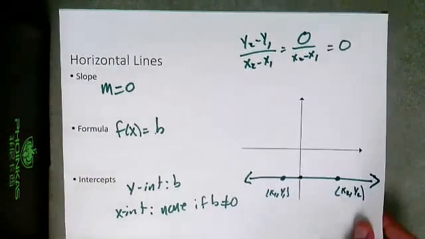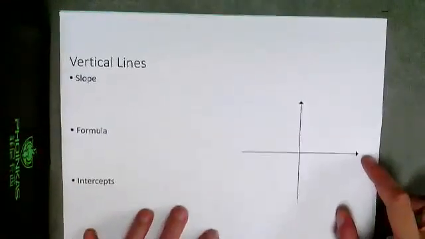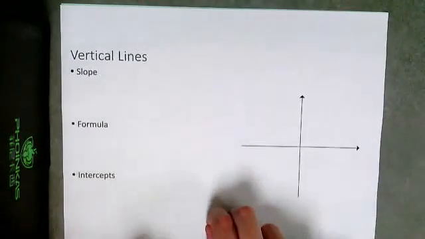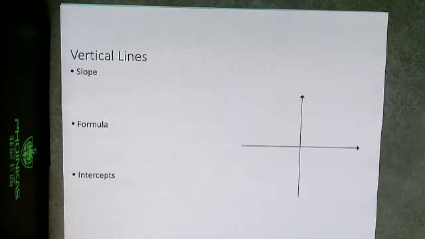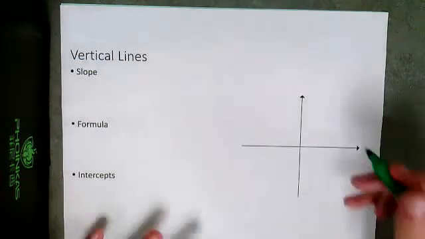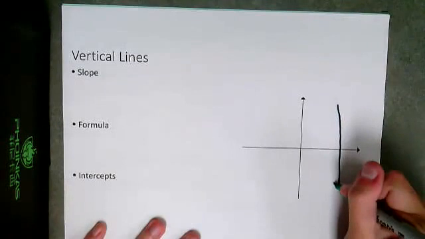Okay, horizontal lines are fairly straightforward, fairly nice. So let's turn our heads 90 degrees and look at vertical lines. Let's draw a vertical line.